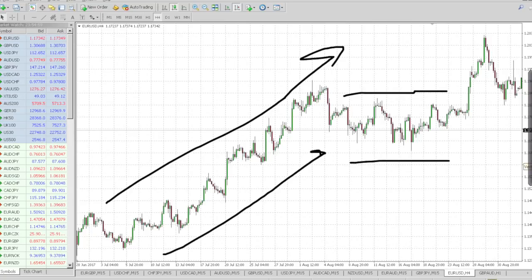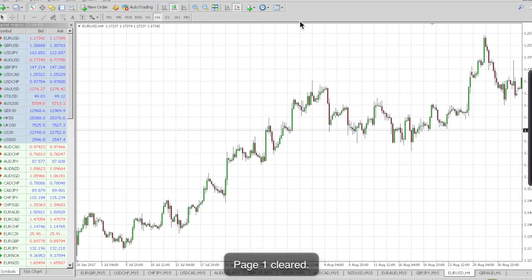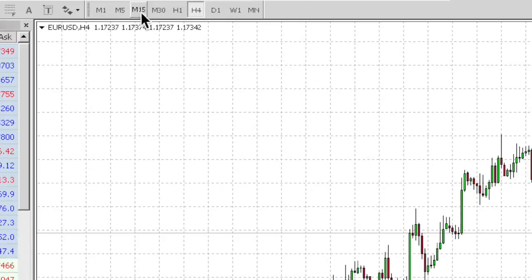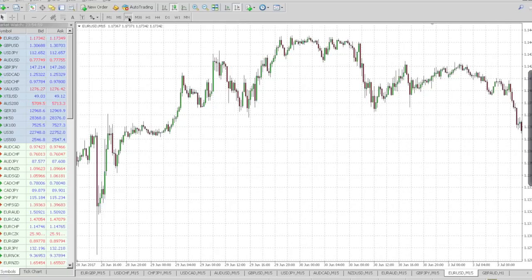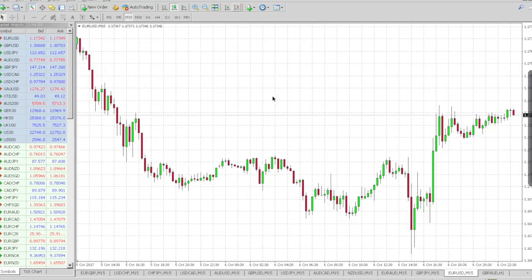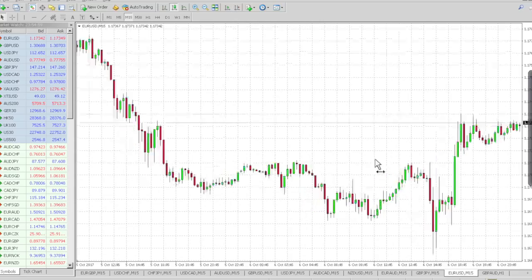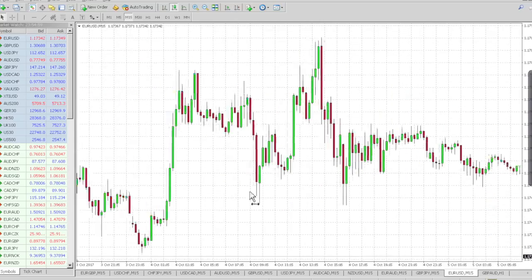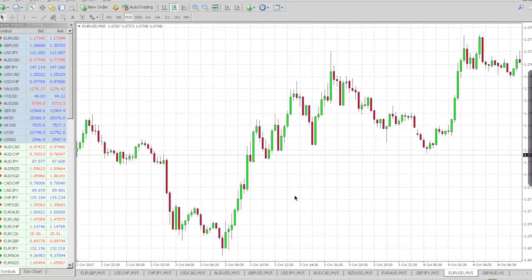Next, let's go down. We have position trading, we've got swing trading, and next is day trading, which is what I do. I'm a day trader, and as a day trader, I tend to use 15-minute candles. Now I take a microscope and zoom in even further, and each of these candles you see over here is 15 minutes.